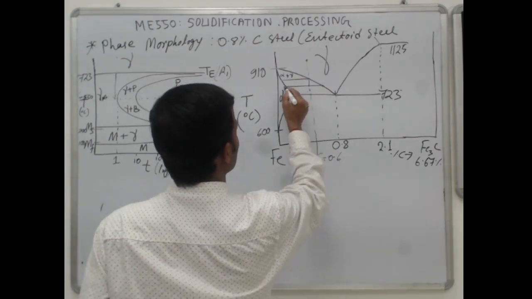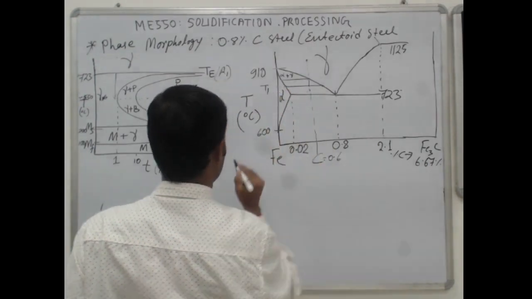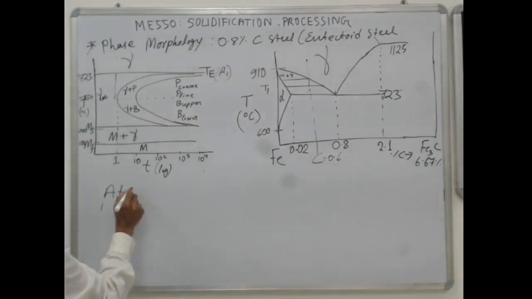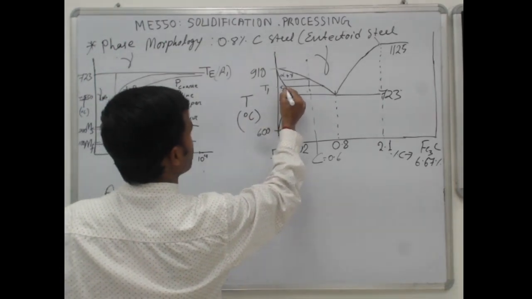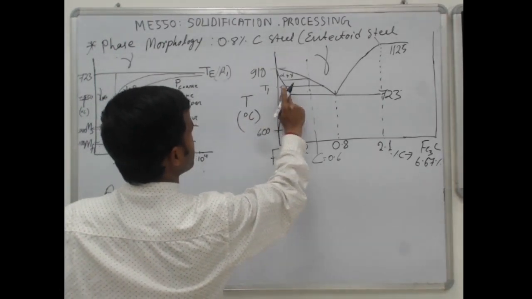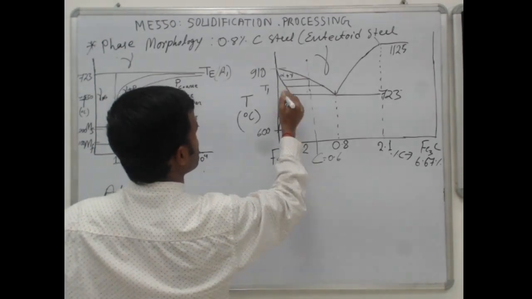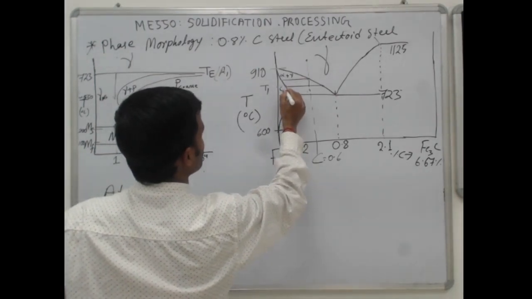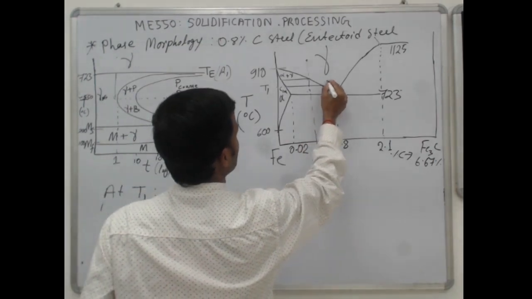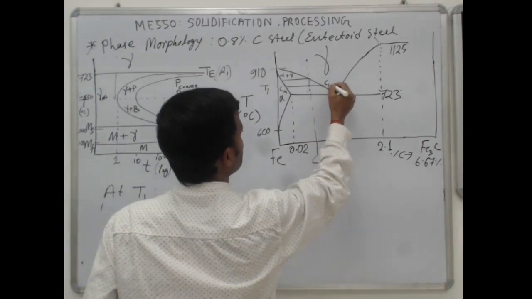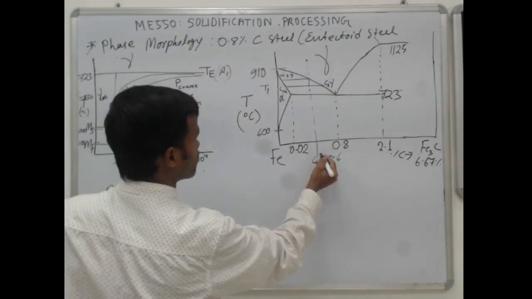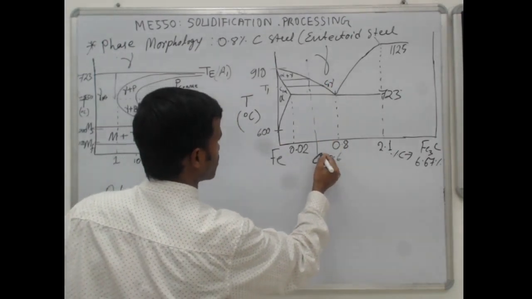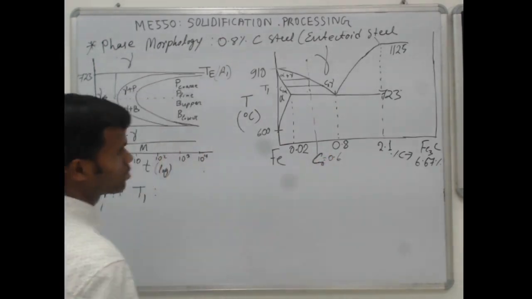So at this temperature, say this is T1, this composition we call C1 alpha. Here we call it C1 gamma, and the overall composition is C0.